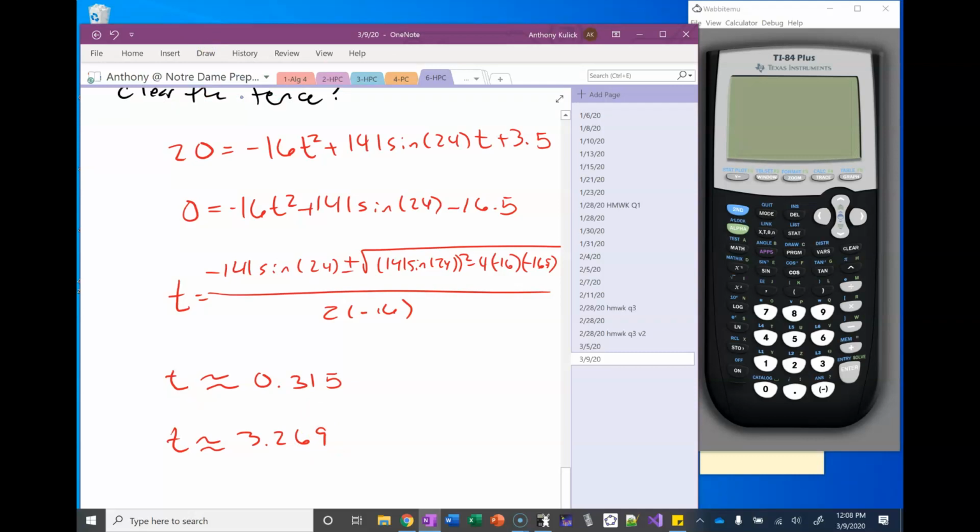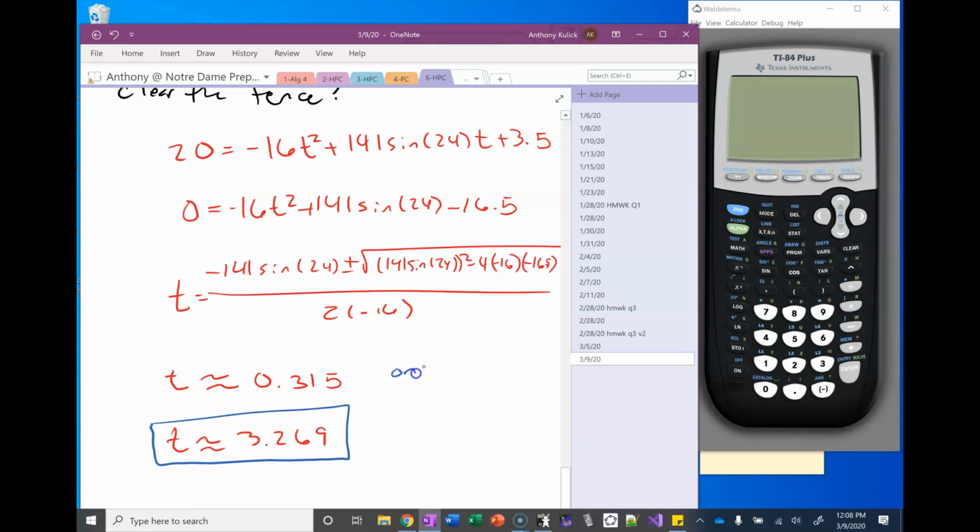Okay, so we get 2 answers from this. Which one do I want? Are they both reasonable? Yeah, they're both reasonable answers because they're both positive. The one we do want is the second one. Why did we get two answers? Think about physically what's happening.